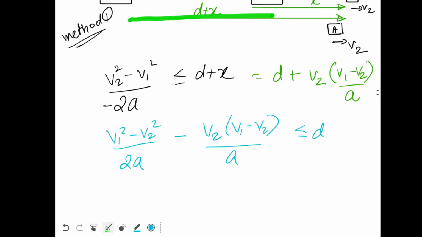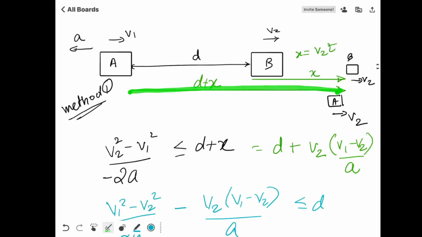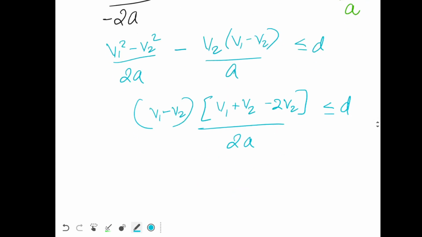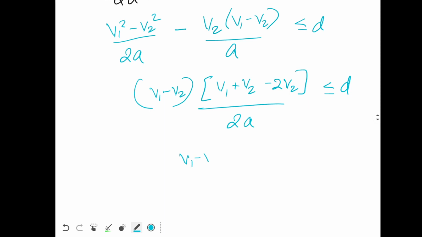Because the distance traveled by car A should be either equal to d plus x or less than that. Only then will it avoid collision with car B. When you rearrange this equation, you take v1 minus v2 common, giving v1 plus v2 minus 2v2 divided by 2a, less than or equal to d. So from here I get v1 minus v2 whole square by 2a should be less than or equal to d. This is method 1 of finding the answer.